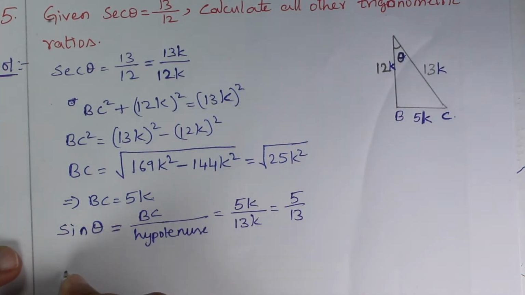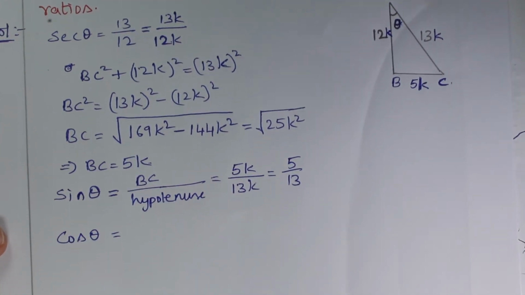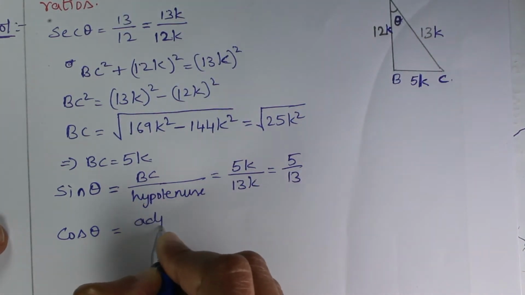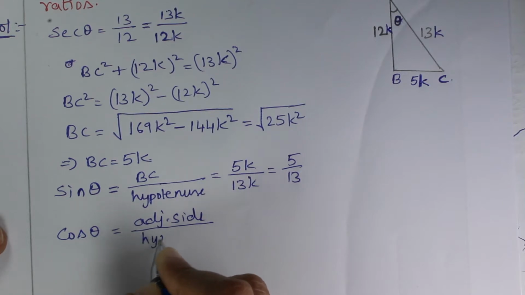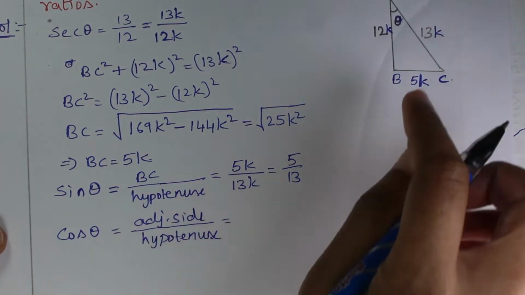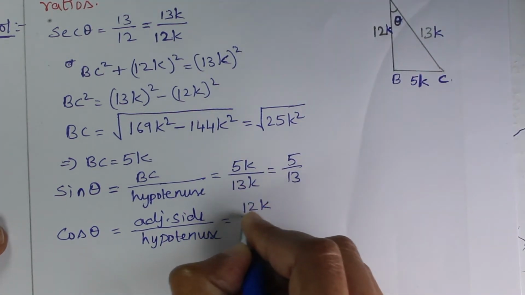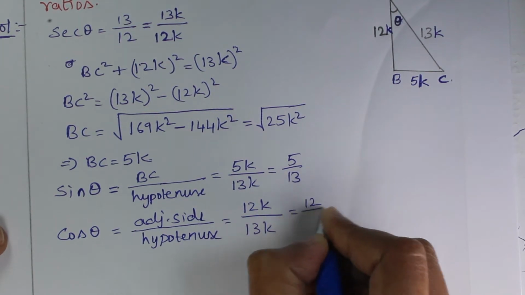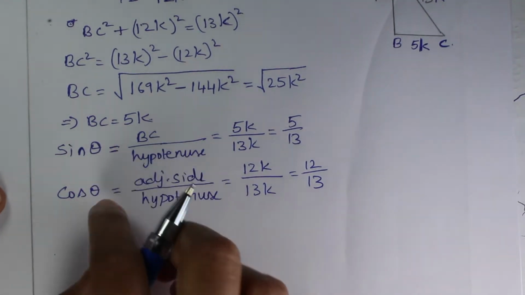Now cos theta. Cos theta is equal to adjacent side by hypotenuse. What is the adjacent side? 12k divided by hypotenuse is 13k. That is equal to 12 by 13. Now tan theta.